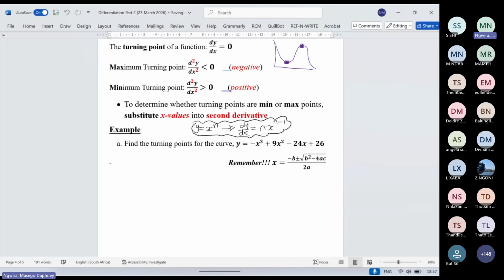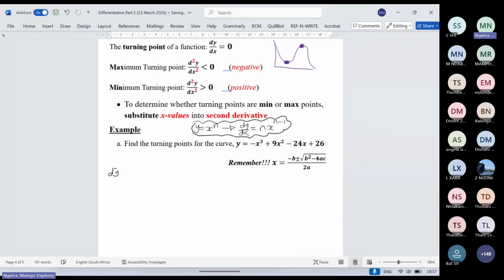You derive each and every one of these terms. So the derivative of negative 3x cubed is going to be negative 3 and then x to the power of 3 minus 1. Let me just do it the longest way so that you understand.